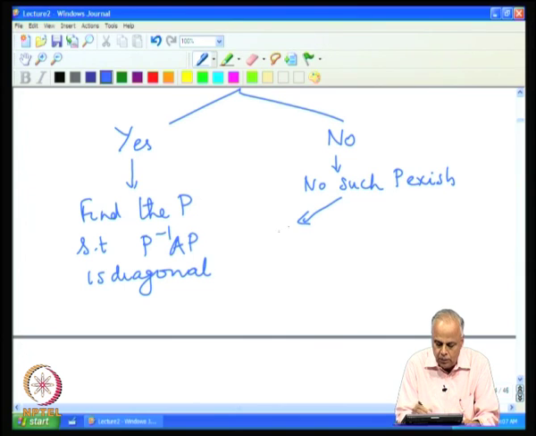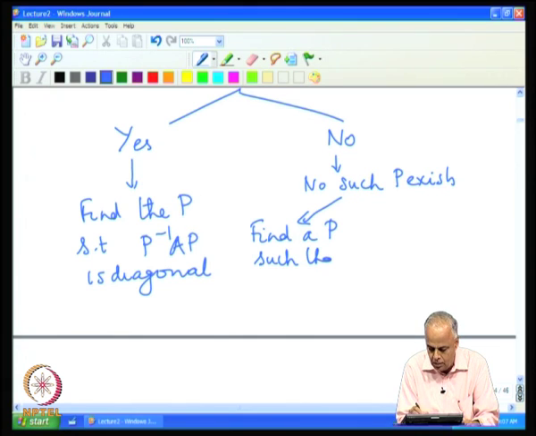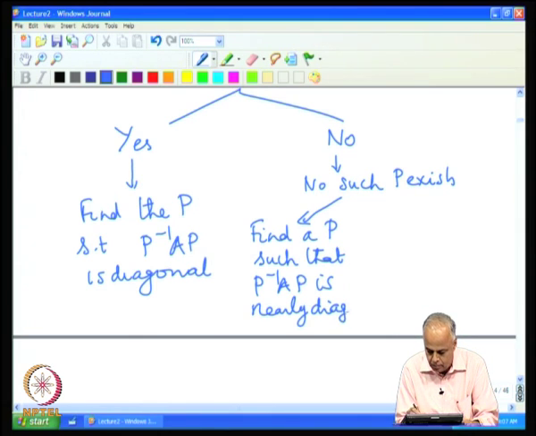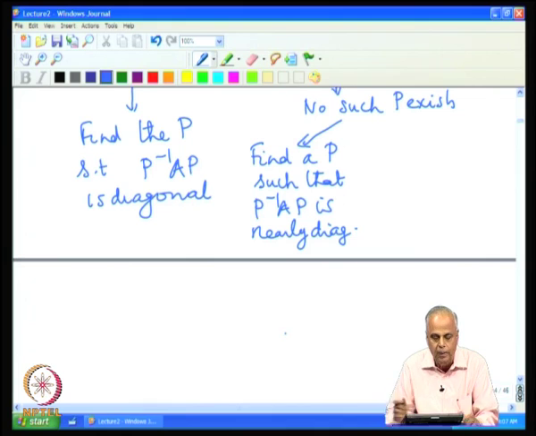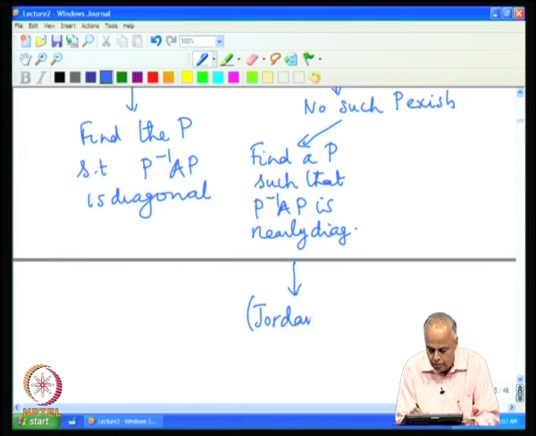The one is to find a P such that P inverse A P is nearly diagonal. Can we do such a thing? And an answer to this would lead us to what is known as the Jordan canonical form.